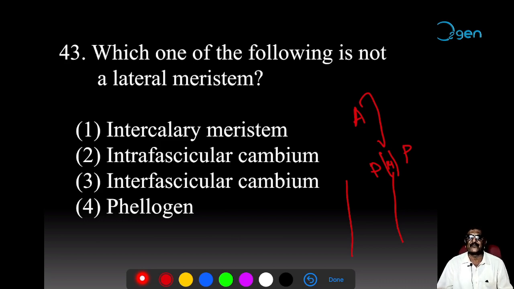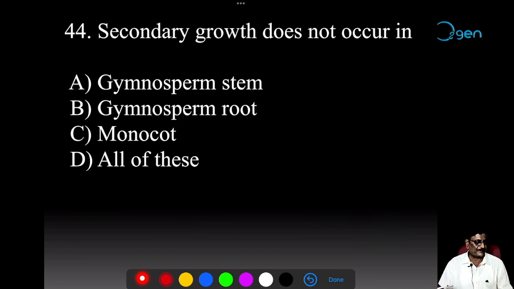Intrafascicular cambium means the cambium present between the xylem and phloem, particularly in the vascular bundle. Later it forms a lateral meristem, which is responsible for increase in the girth of the plant body. Option 3 is correct.